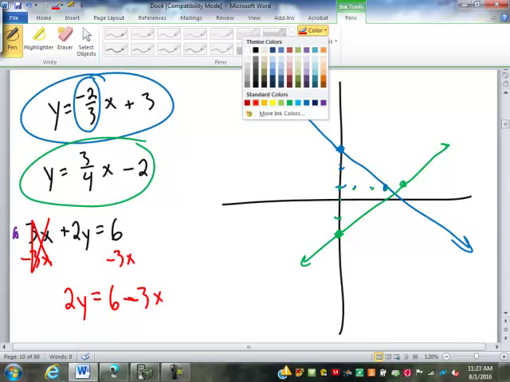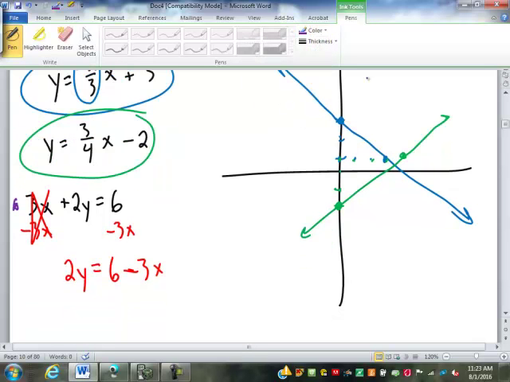And then divide by 2. Remember, when we divide, we have to do it to every piece. So we divide out the 2 there, gives us y. 6 divided by 2 is 3. And negative 3x divided by 2? Perfect. Negative 3 over 2 times x.